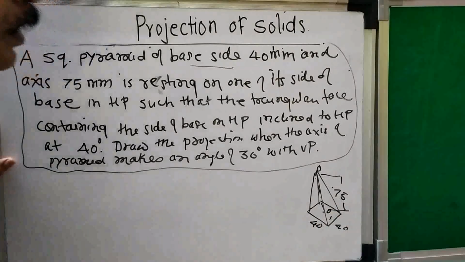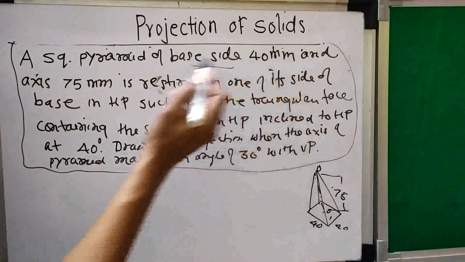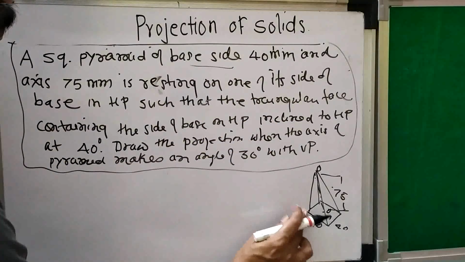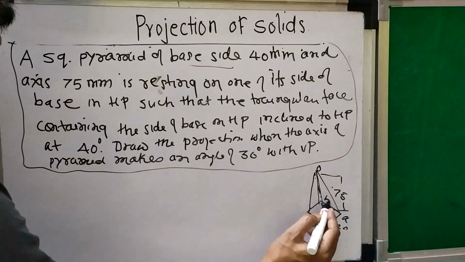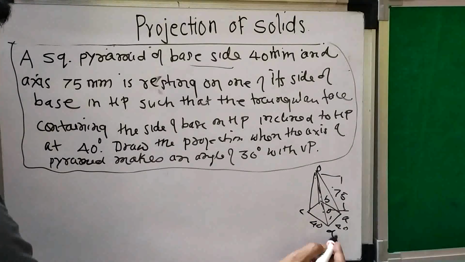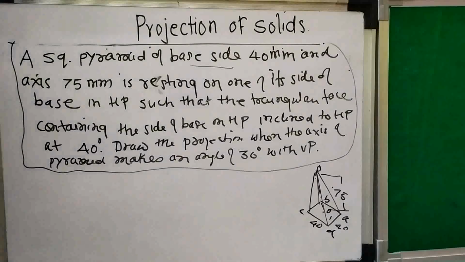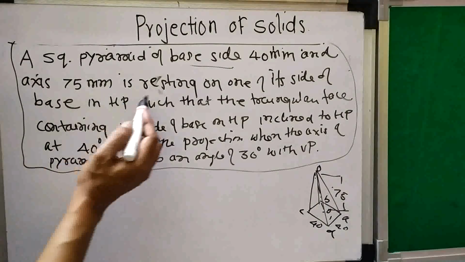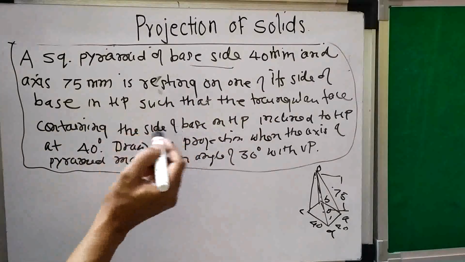So this is the square pyramid having axis height 75 and base 40. It is resting on one of its sides of the base. Suppose I take ABCD as the base, and AB as the base side, and it is resting on this side of the base in HP.